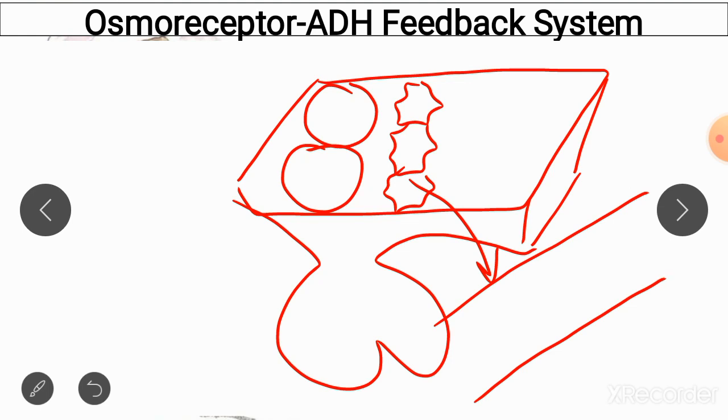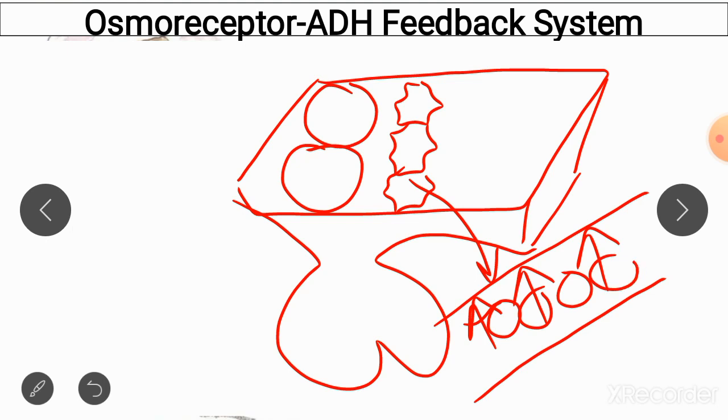So whenever extracellular fluid osmolarity increases, especially in the case of dehydration, there is increased solute concentration and decreased water content. This is going to result in increased osmolarity of the extracellular fluid.